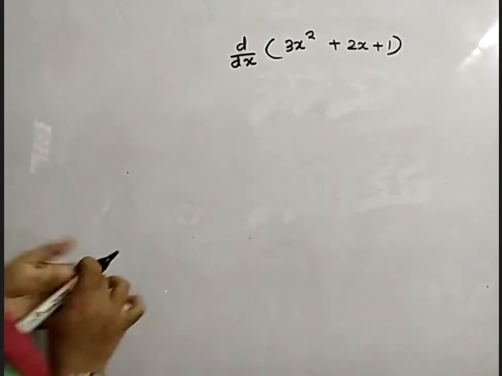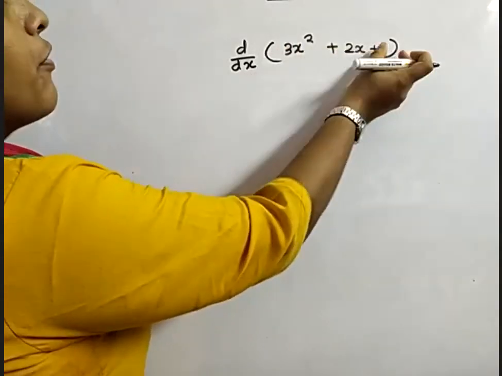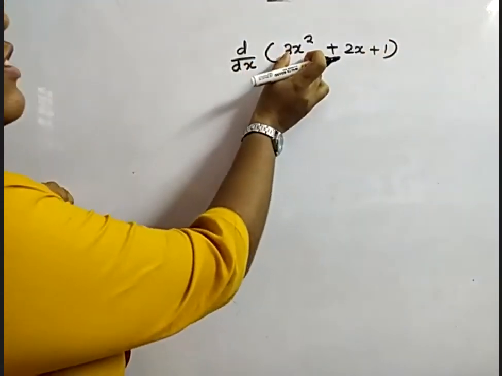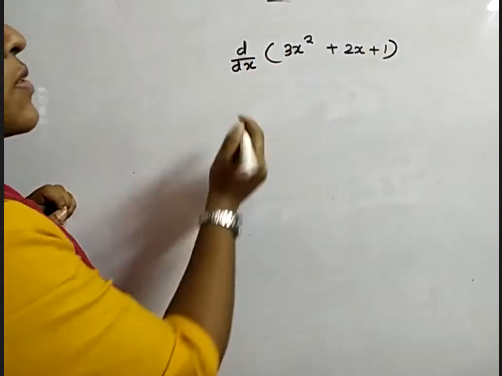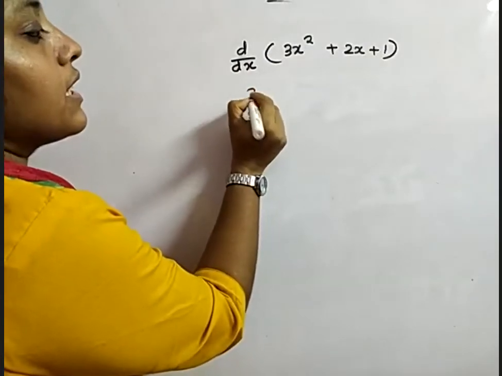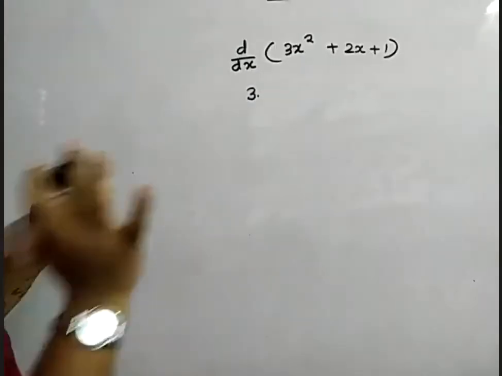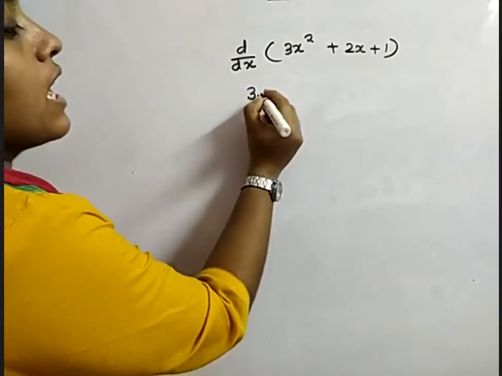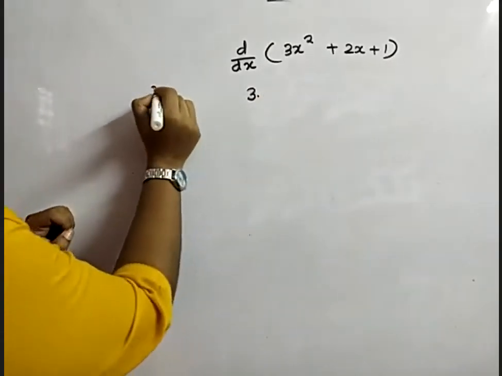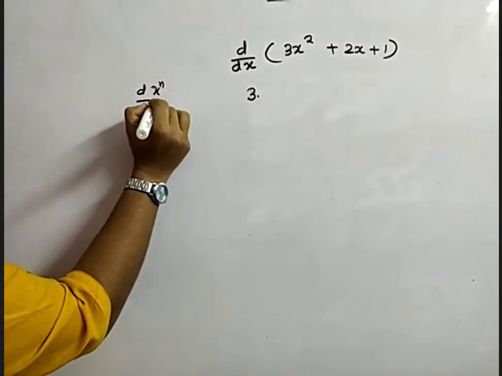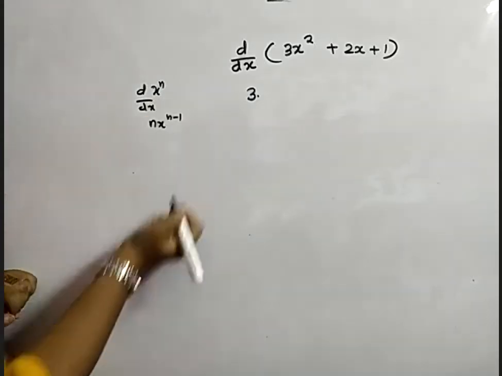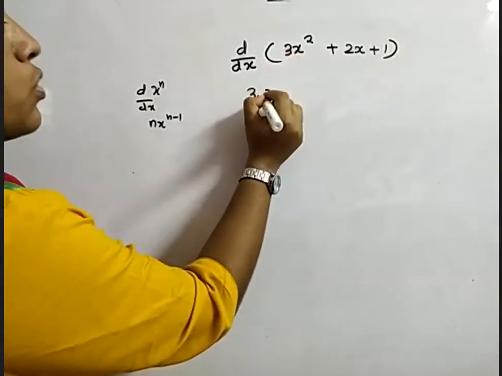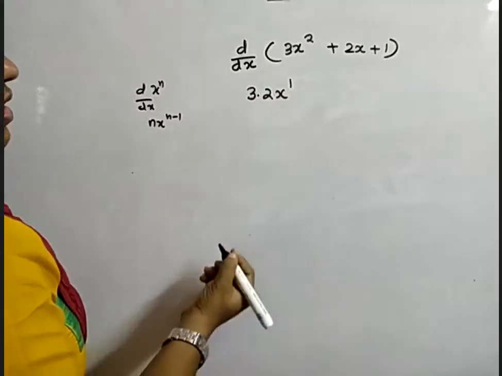Okay, how can we do this? We need to take the derivative of each term. First is the derivative of 3x square. 3 is a constant, keep it here. 3 into the derivative of x square. What is the derivative of x square? The derivative of x raised to n is n x raised to n minus 1. So 2x raised to 2 minus 1.